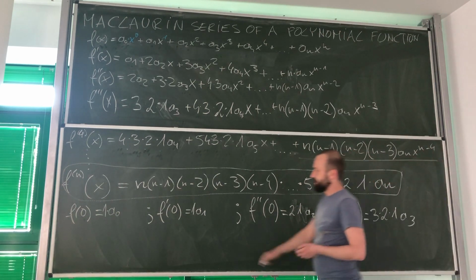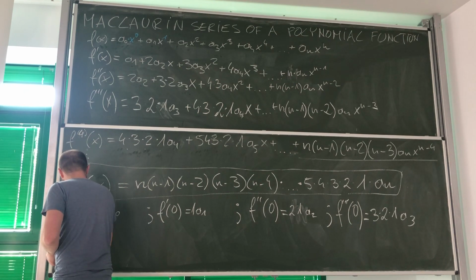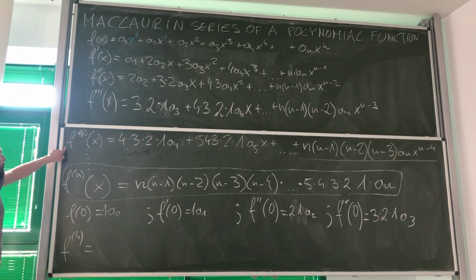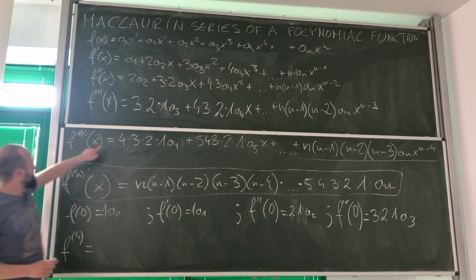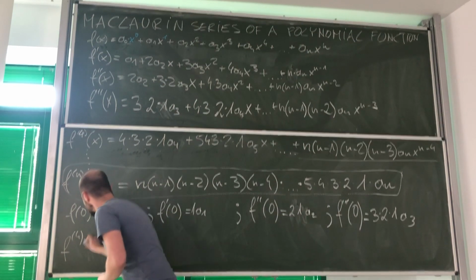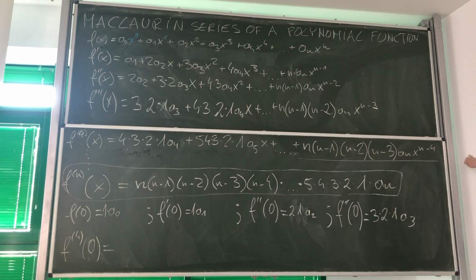finish with the derivatives. Okay, so next derivative would be fourth derivative. And where do we have fourth derivative? We've got fourth derivative over here, right? So if I evaluate it at 0, again, all those things are gone.